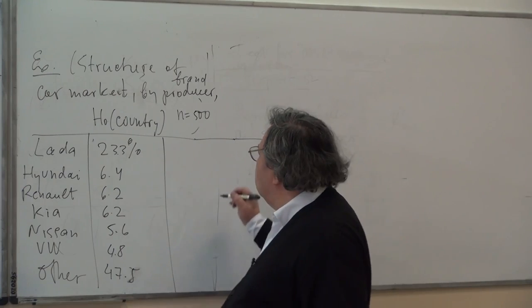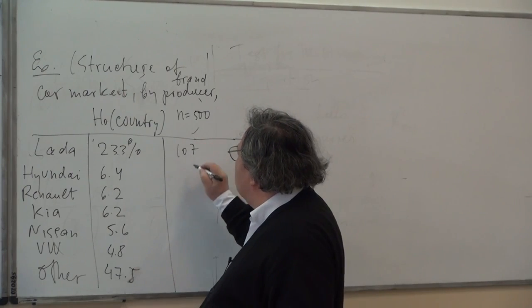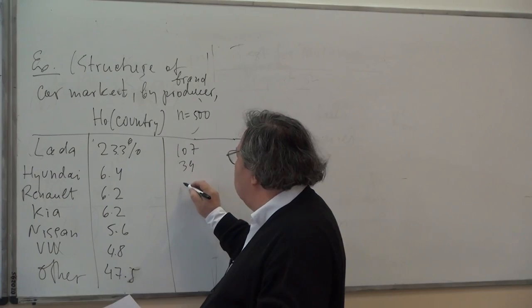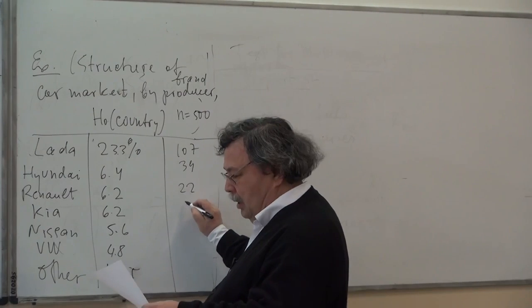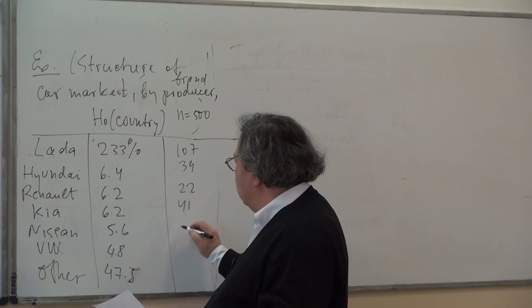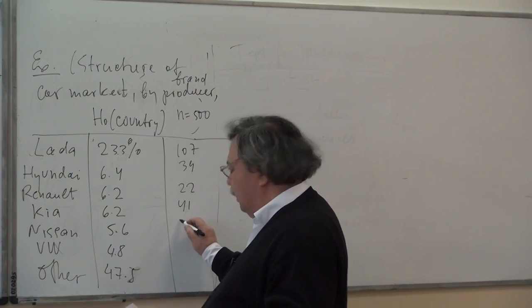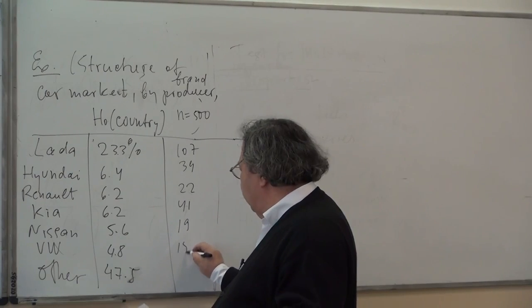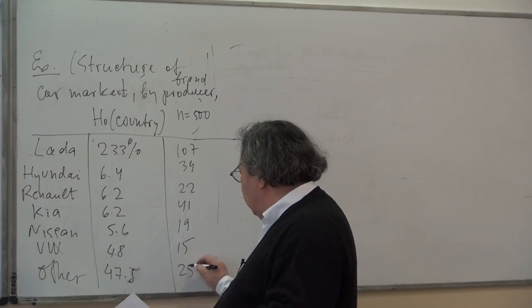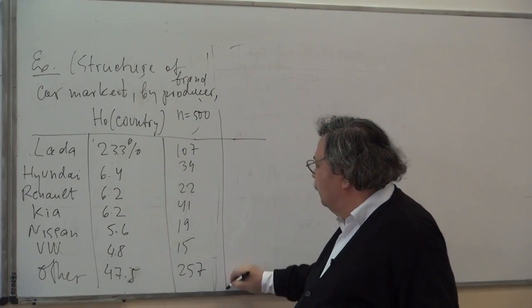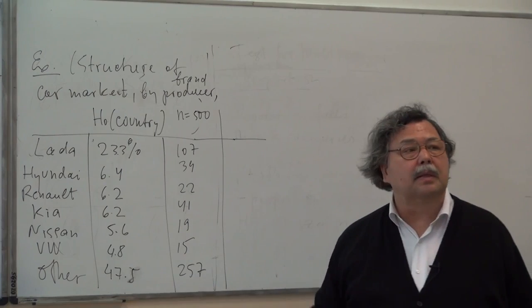And the counts are these: 107, 39, 22, and then it's 41. For some reason, Kia was very popular in this region. 19, 15, and 257. And you can check that these numbers sum up to 500. So this was the sample.